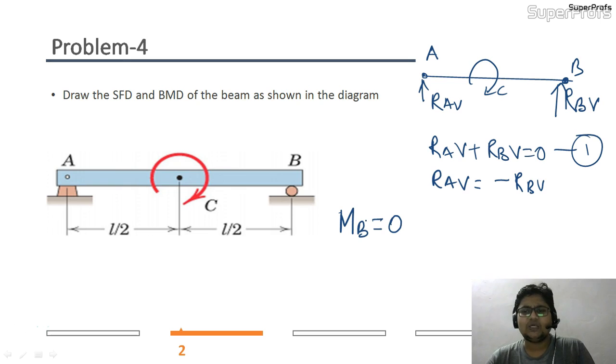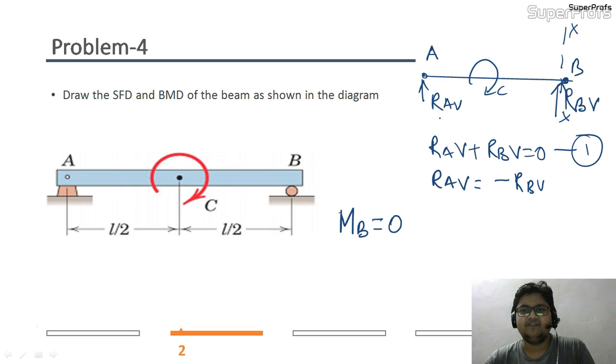So how do I calculate the moment? My section is at B, and I am taking all the moments from the left hand side to the section B. Whatever moment is in the left hand side, we will calculate that moment and add it up, with the proper sign.